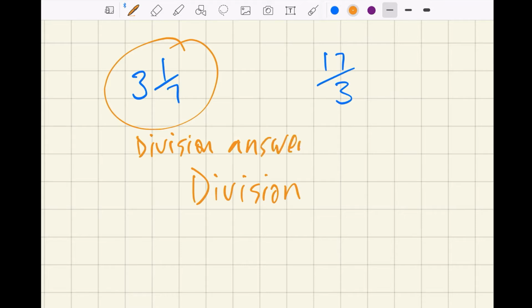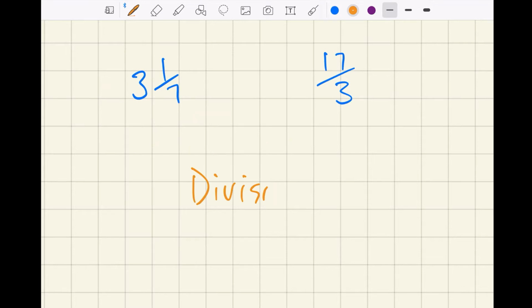And you'll see what I mean in a moment. And an improper fraction is a division question. Why is it so? As the late Professor Julius Sumner Miller would say. All right, so let's get into what those terms mean in relation to mixed numbers and improper fractions.